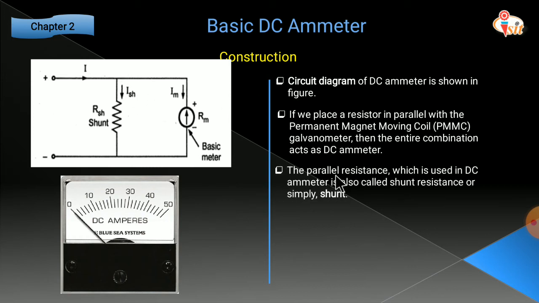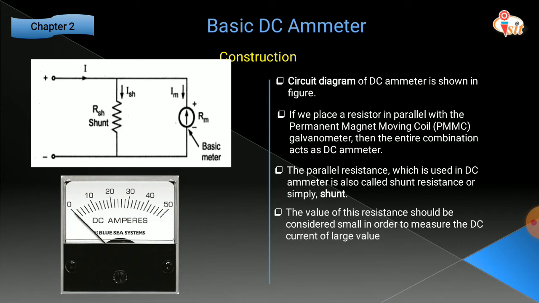The parallel resistance which is used in a DC ammeter is called shunt resistance, or simply a shunt. The value of this resistance should be considered small in order to measure DC current of large value.